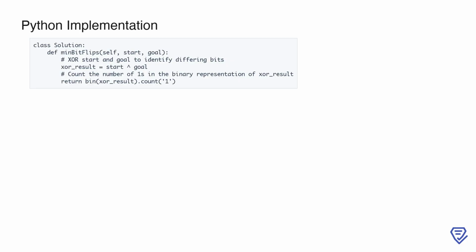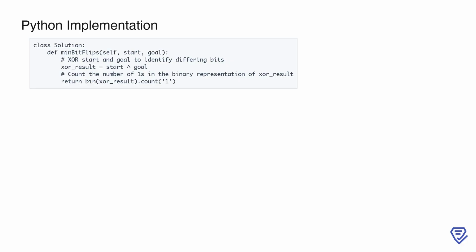Key insights. Using the XOR operation ensures that we only need a single operation to detect differing bits, making this approach highly efficient. Counting the ones in the binary representation is straightforward and leverages Python's built-in string manipulation capabilities. Complexity. Time complexity: the XOR operation and the conversion to binary representation both operate in O(log n), where n is the maximum of start or goal.